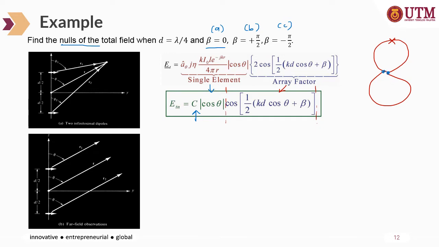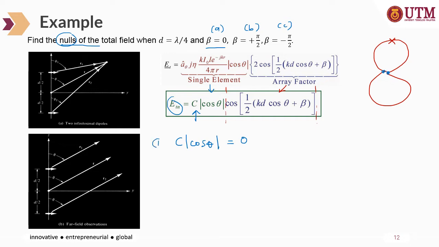To get this, first you have this C cos theta equal to 0, since when it is null, the total field will be 0.